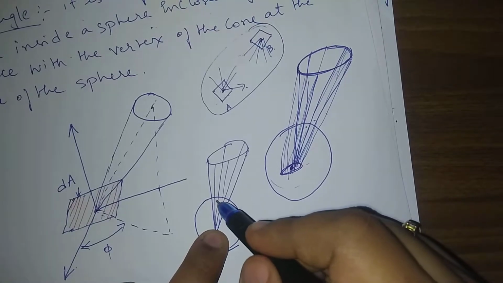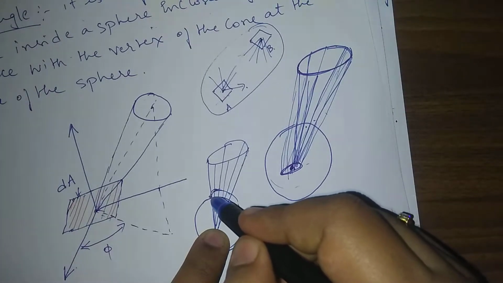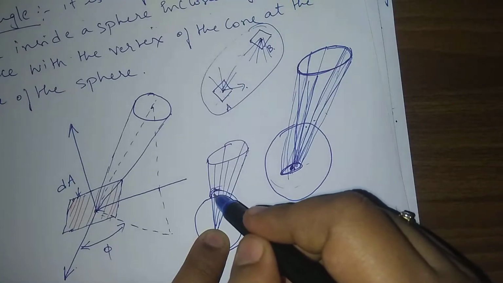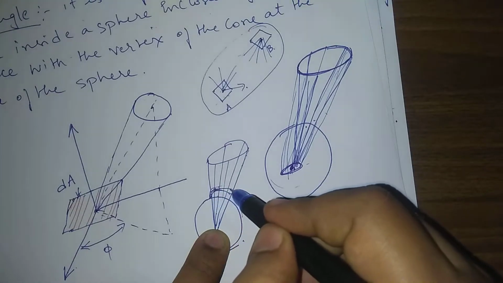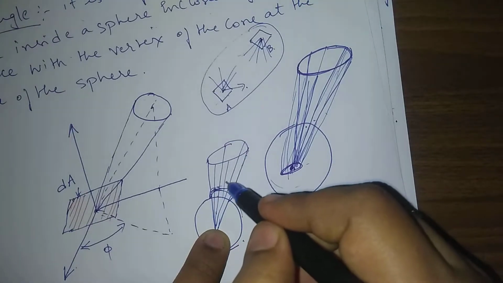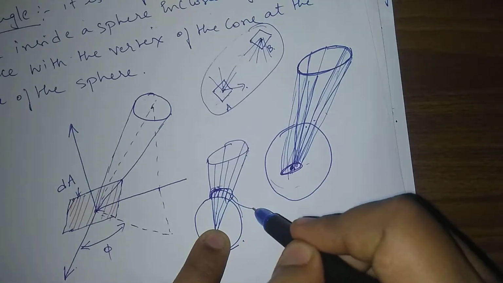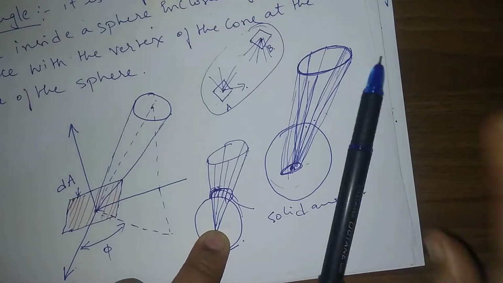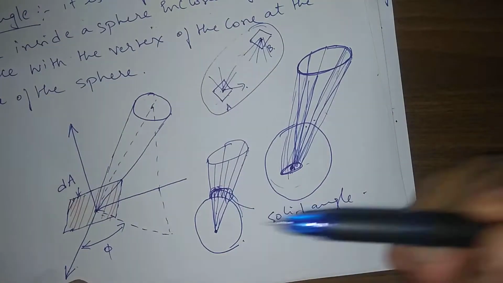So what is going to happen? This sphere forms a three-dimensional region intersecting this cone, correct? This cone and this sphere form a region in that cone. Yes or no? That region is what is called the solid angle. Are you able to understand? So this region is what is called the solid angle.